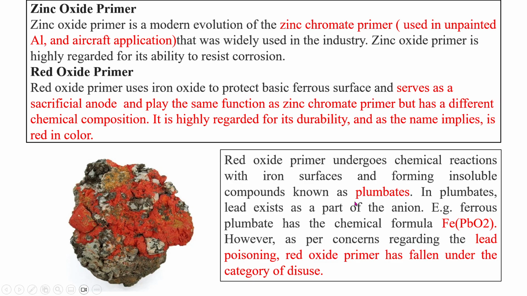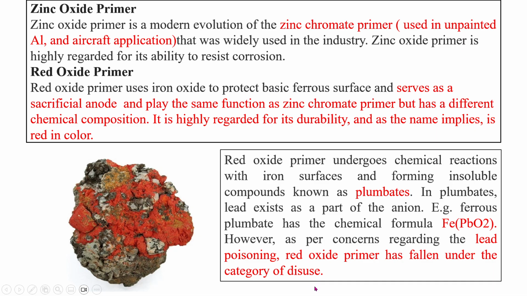When you are using red oxide, the red oxide primer undergoes a chemical reaction with the iron surface and forms an insoluble compound called plumbates. Plumbates means Fe lead O2. Because lead is there, it is poisonous.